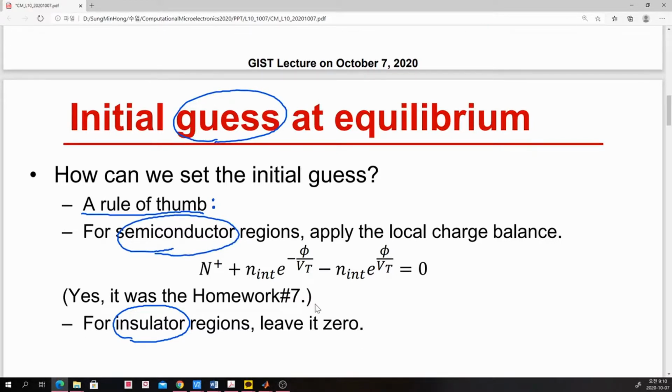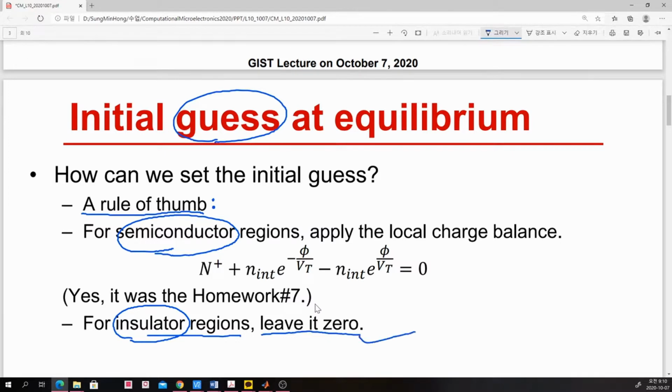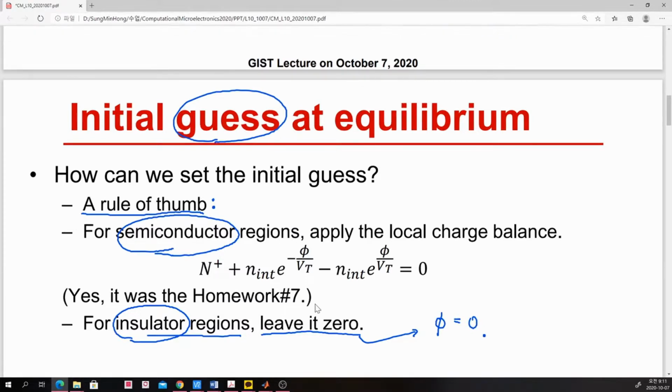For insulator regions, usually we just leave it 0. It means that usually we don't care about it, just leave it 0. Actually, the converged solution even at Vg equal to 0 volt will be highly deviated from this 0.